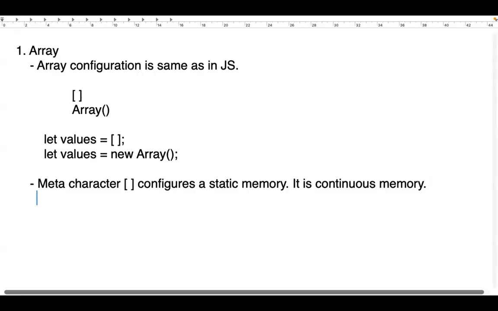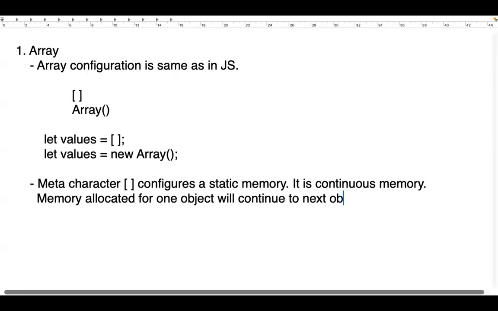Continuous memory means memory allocated for one object will continue to the next object. That is continuous memory. So what is array constructor? Array constructor configures a dynamic memory.